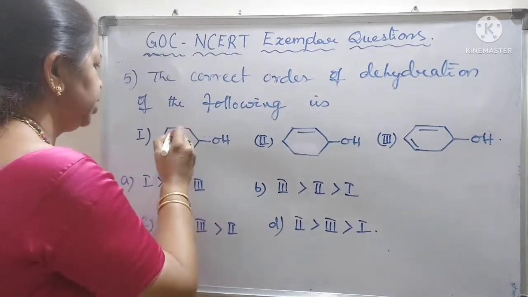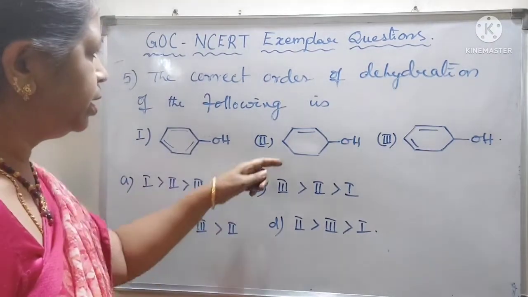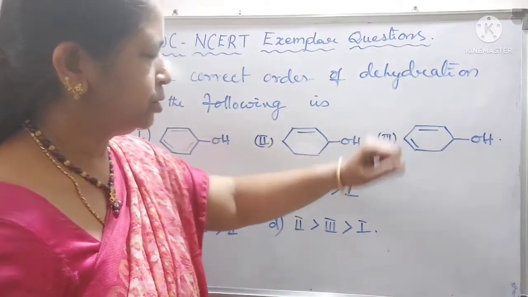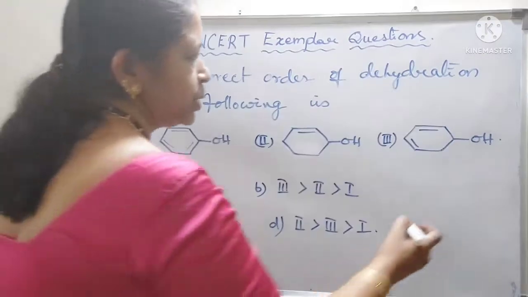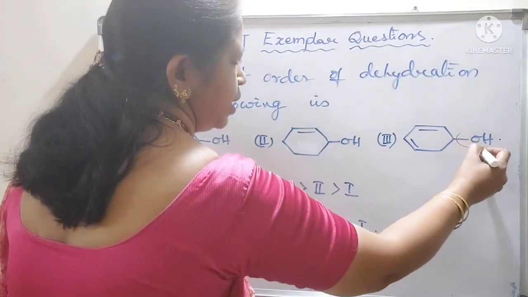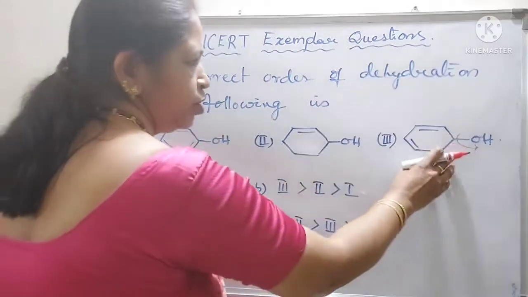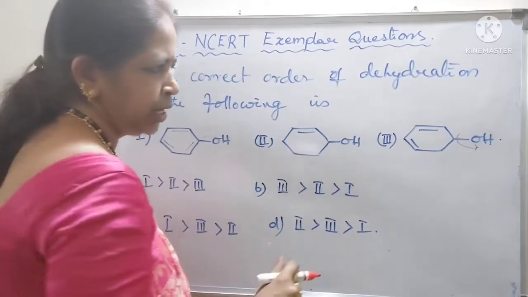It is a benzene ring, so it has already conjugated double bonds, and this has one double bond and this has two double bonds. If you want to do the dehydration, the hydroxyl group and hydrogen should be eliminated as a water molecule.